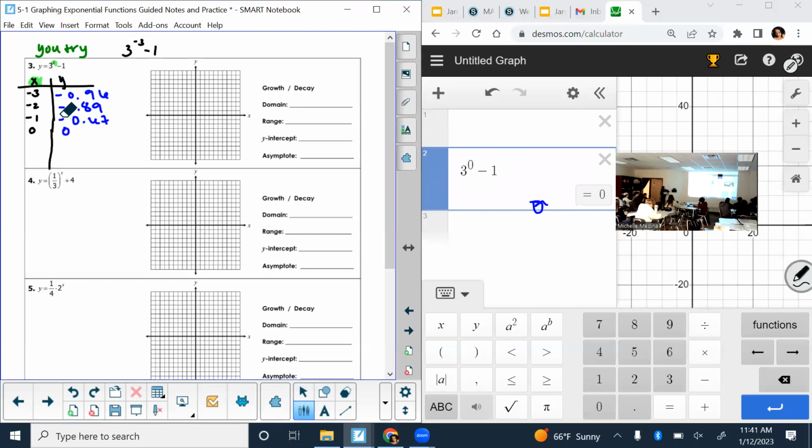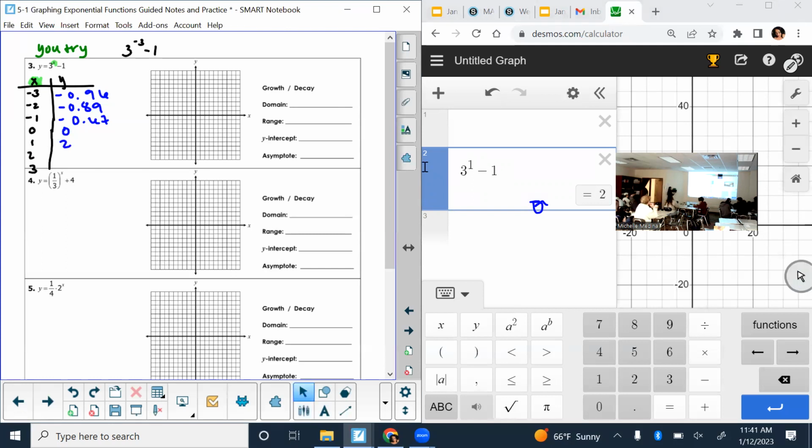So I'm gonna go to the right of the x, so probably pick like 1, 2, maybe 3, we'll see. And then plug those in. If you have Desmos, it's really easy, you just change the exponent. So 3 to the first, -1 gives me 2. That's a lot easier to graph.